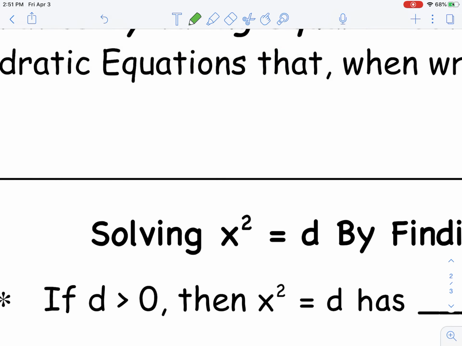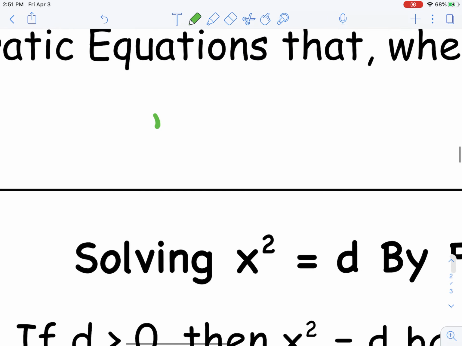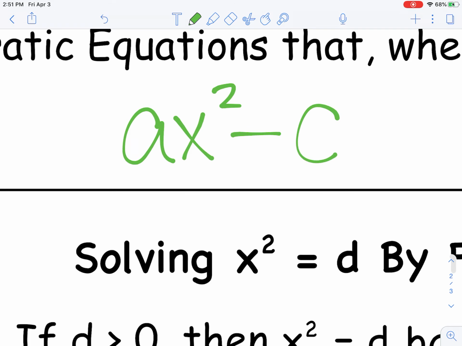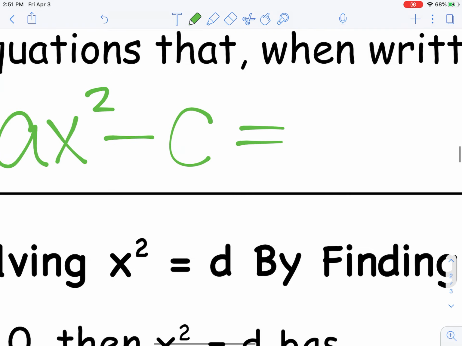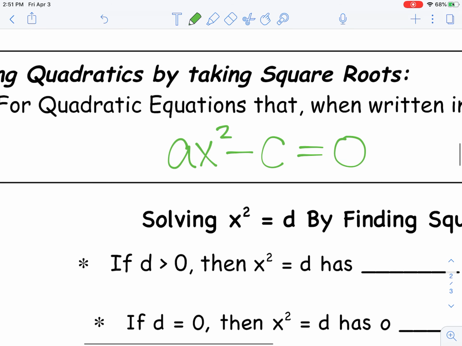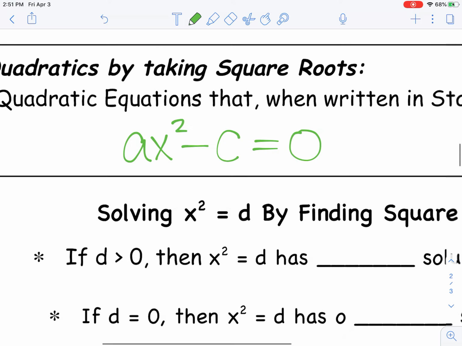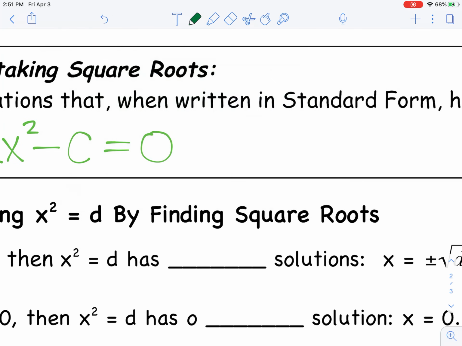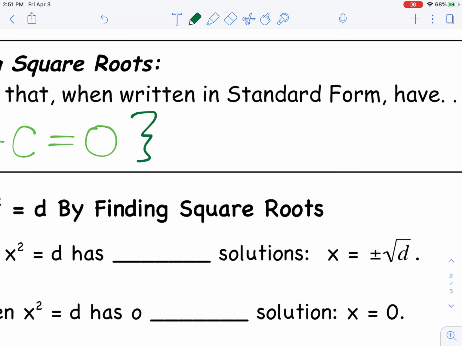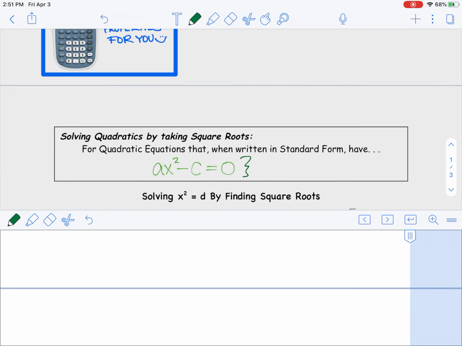You're going to notice, based on standard form of a quadratic, that when you can use this method, the only parts of the quadratic that you're going to see are the squared term, our ax squared term, and our c term, or our constant term. So if you wanted to write in here when this method is doable, or when you can use it, that's what you're looking for.